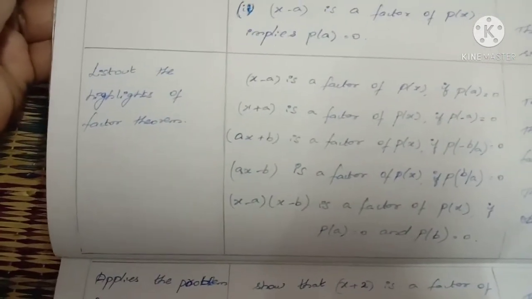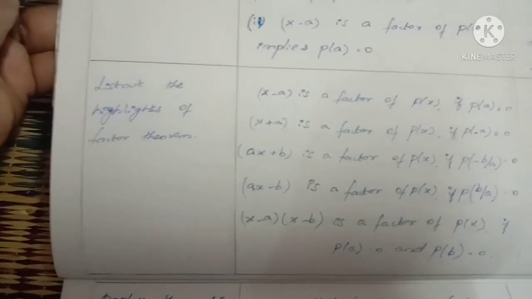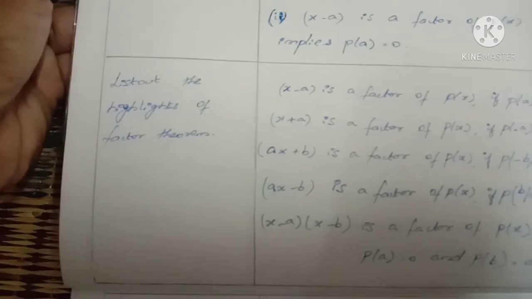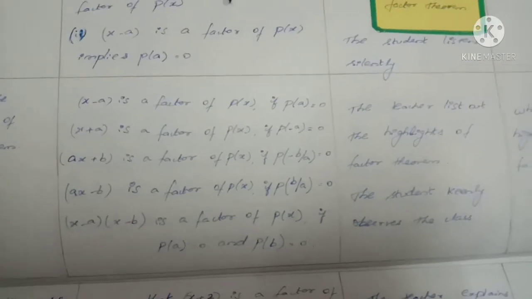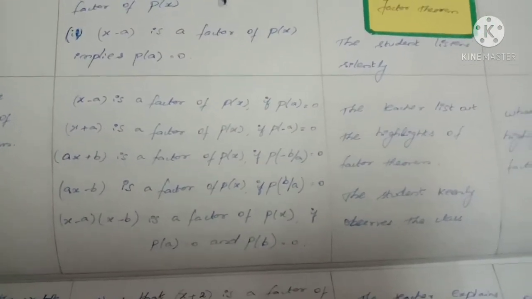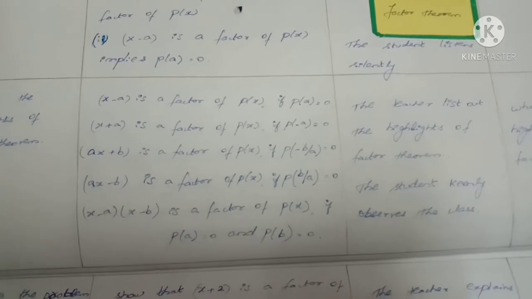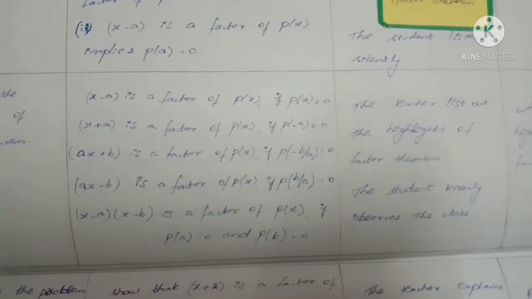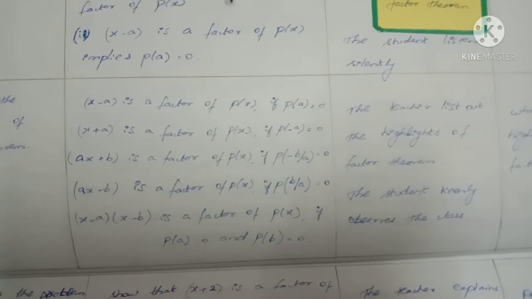In the next row, list out the highlights of the factor theorem. There we have to write x minus a is a factor of p of x, if p of a equal to 0. Next, x plus a is a factor of p of x, if p of minus a equal to 0.